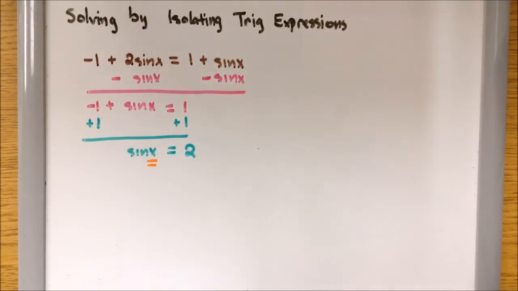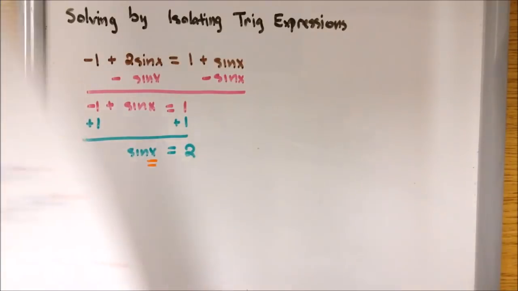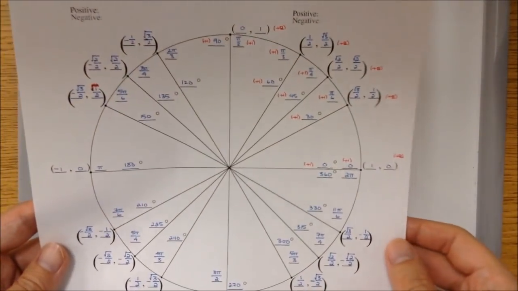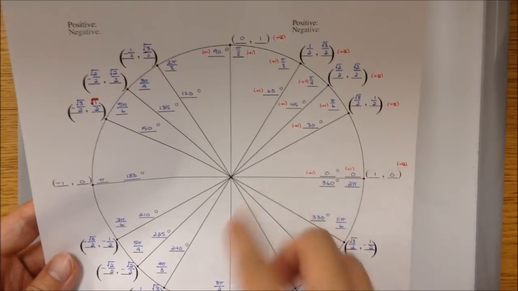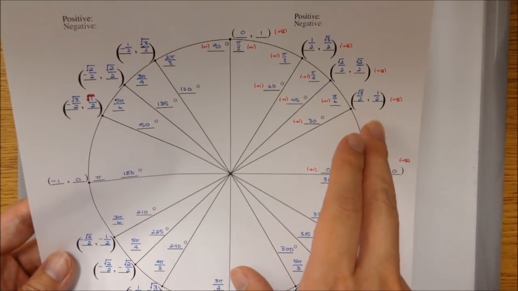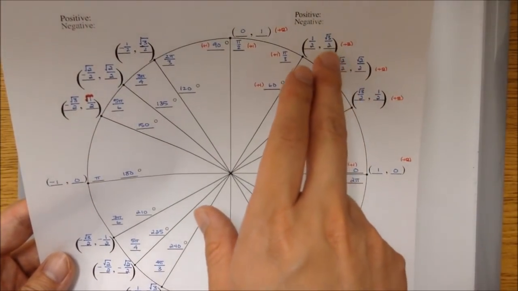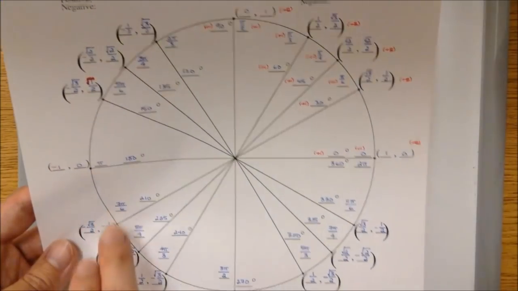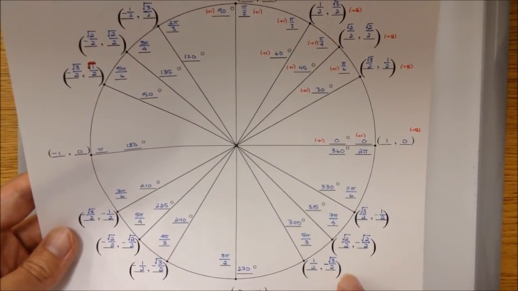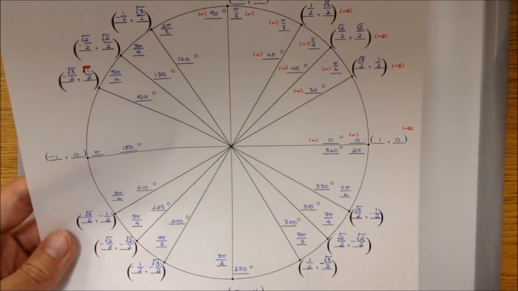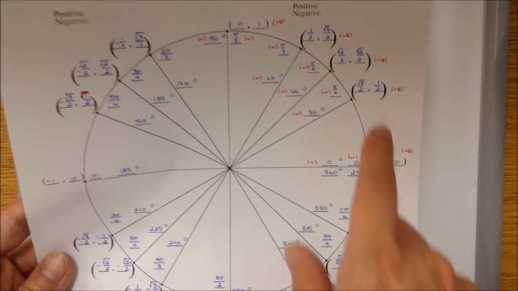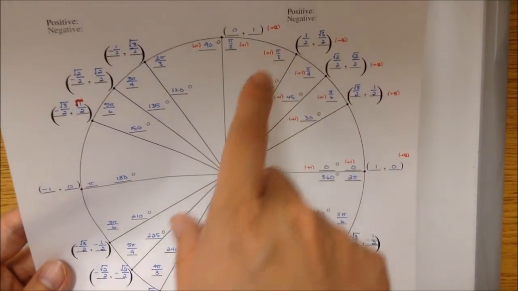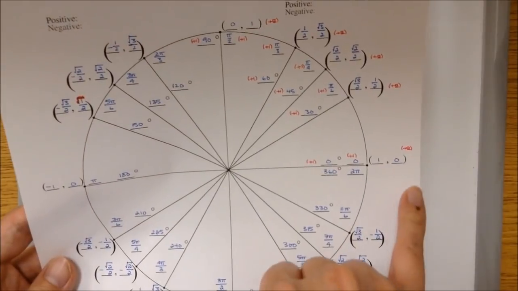So if we were to look at one full circle of the unit circle, I'm looking for my value of 2 among the values of sine of x. Now I don't see anything that is simply a whole number 2.